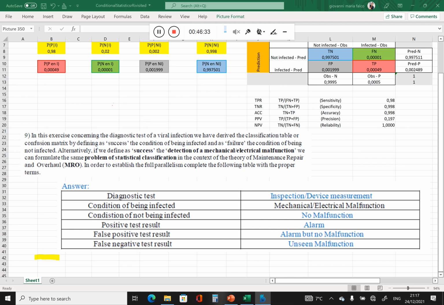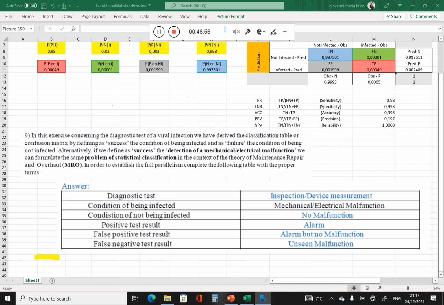The analogues of false positive and false negative test results would be, in the first case, an alarm but no malfunction, a false alarm, and in the second case an unseen malfunction, which we know in aviation is definitely better to avoid.